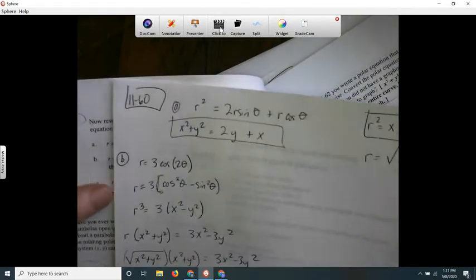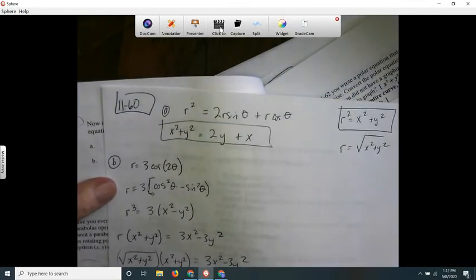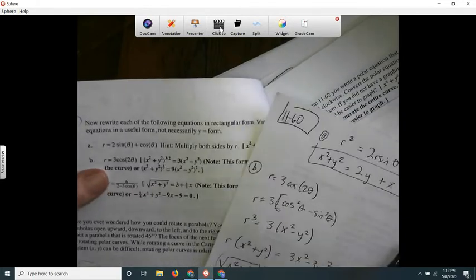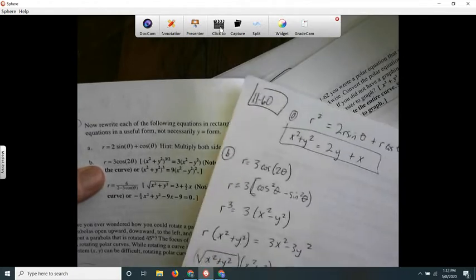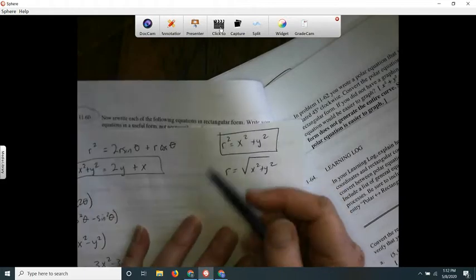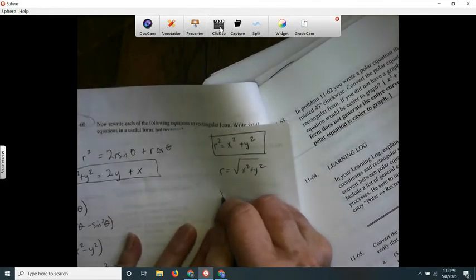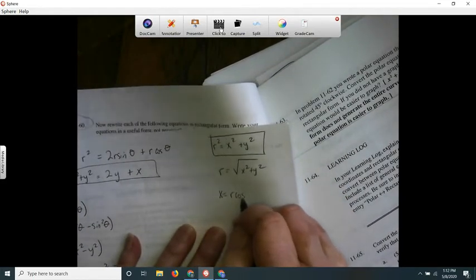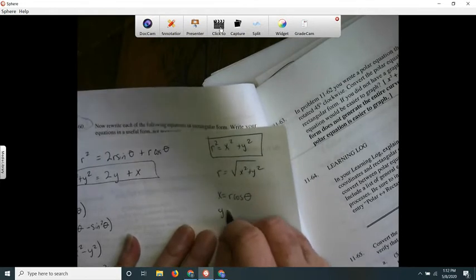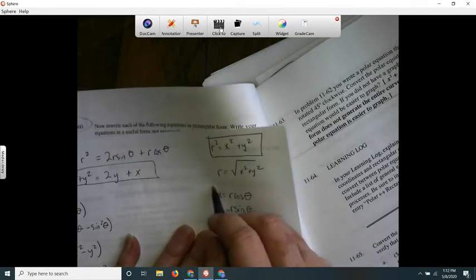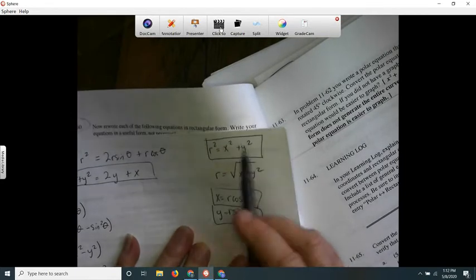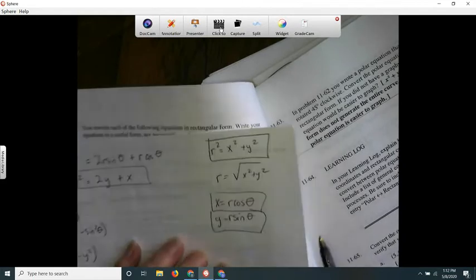This one, letter B, started out as r equals 3 times cosine of 2 theta. Well, cosine of 2 theta is not one of our formulas. We know x equals r cosine theta, and y equals r sine theta, and we can even solve for r if we want to.